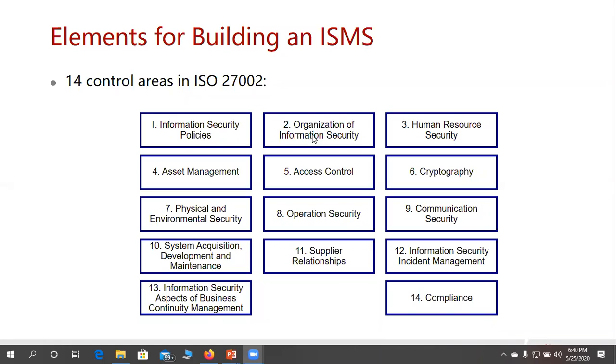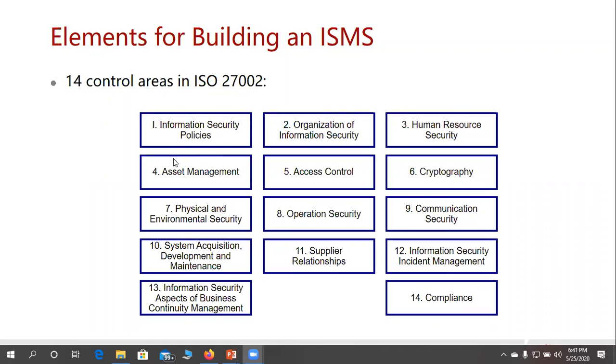It deals with organization of information security. Anything that has to do with organization of information security, you're going to find it here. Human resource security, you find it here. Asset management, you find it here.